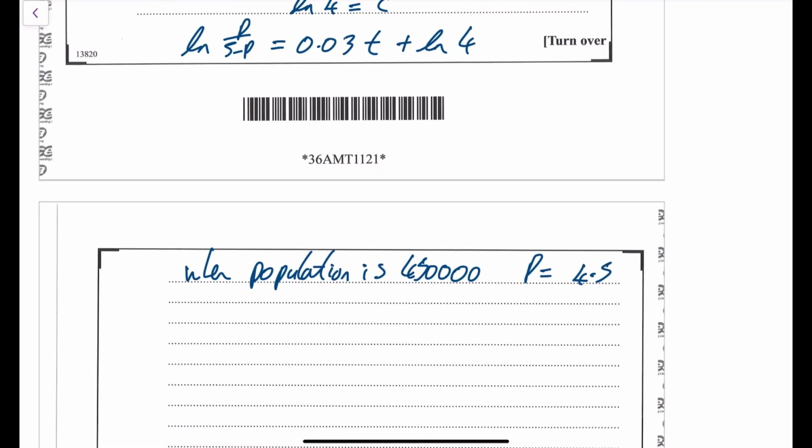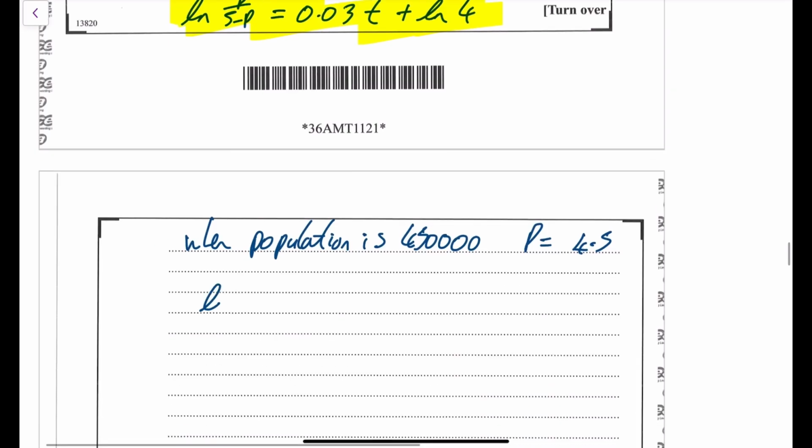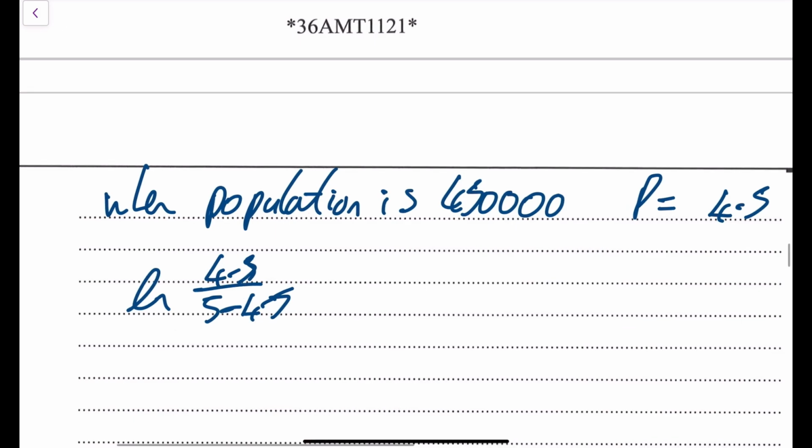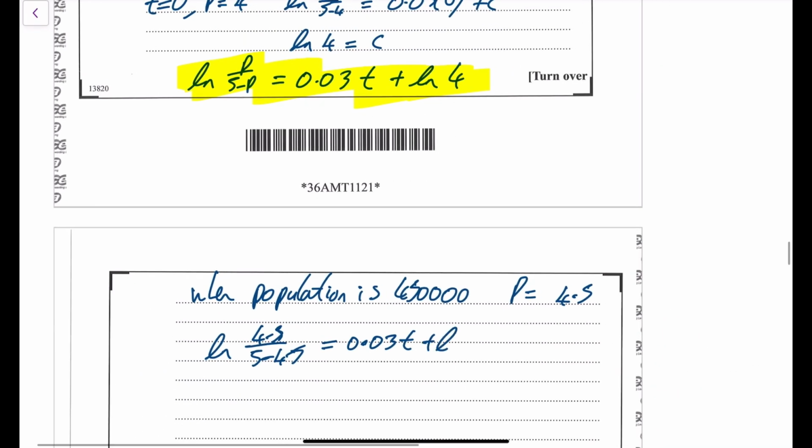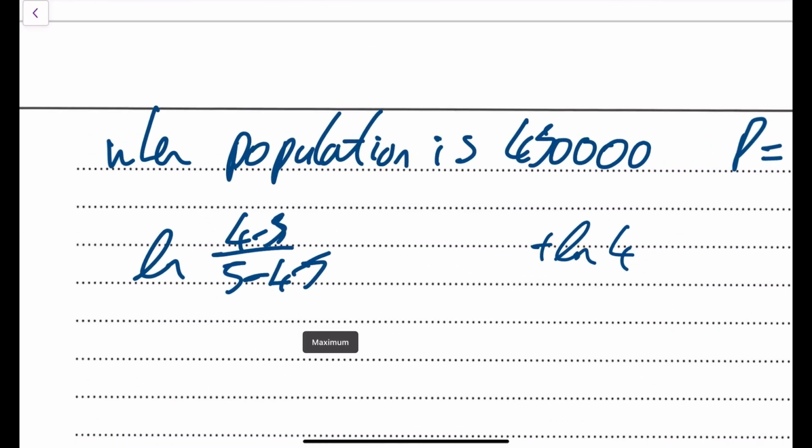So let's just put that into this equation. And this is not my preferred way of doing this, by the way, but we'll just see. That's going to be ln of 4.5 over 5 minus 4.5, and that equals 0.03t plus ln of 4.